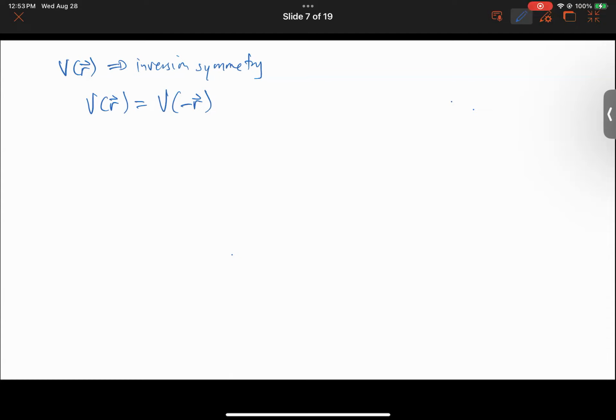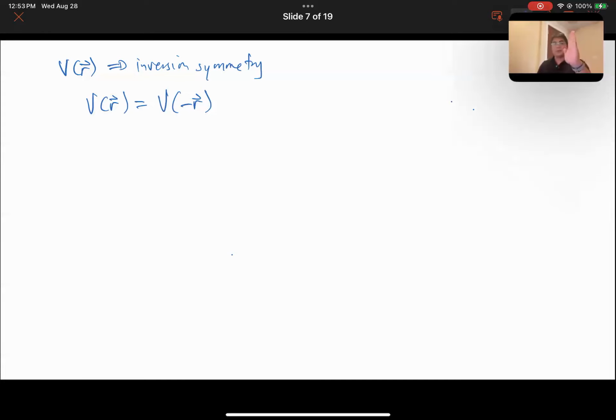Graphically, in one dimension, you can think of inversion symmetry as: whatever it looks like on the positive x-axis, you have inversion symmetry if it results in the mirror image on the negative x-axis. So they have the same sort of shape.